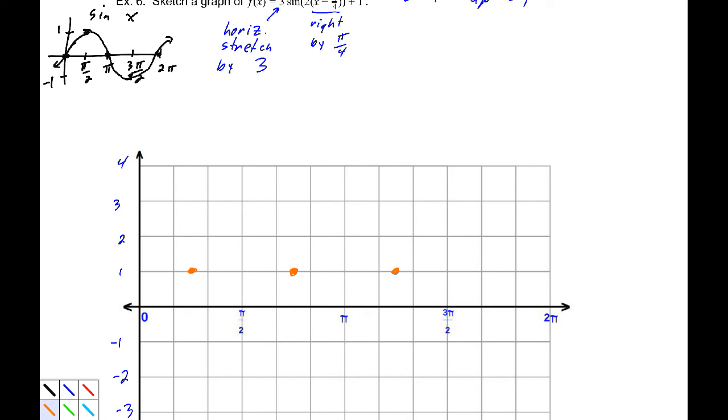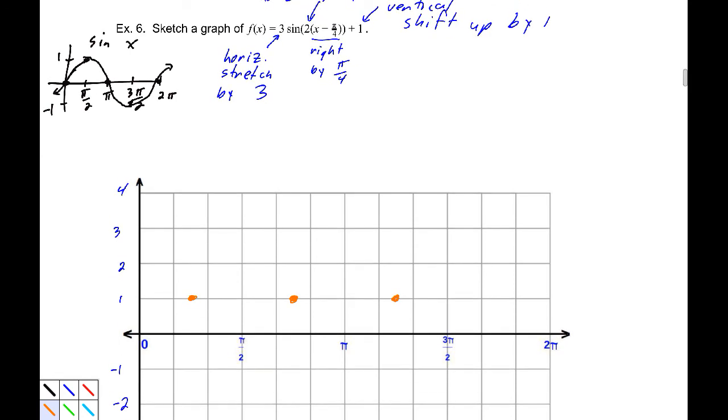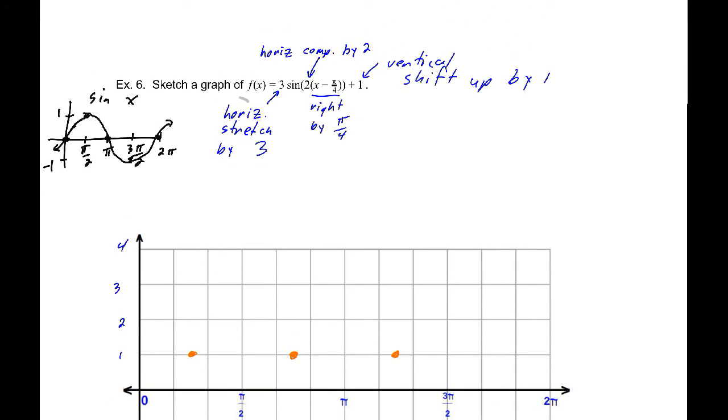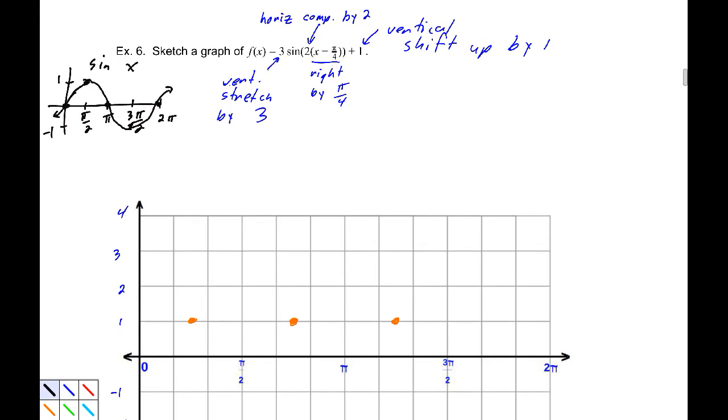Now the vertical stretch. I think I was right the first time. The vertical stretch by 3, so it's going to reach a peak of 3 above 1, so it's going to go up to 4. And it's going to happen halfway in between these points, so at pi over 2.